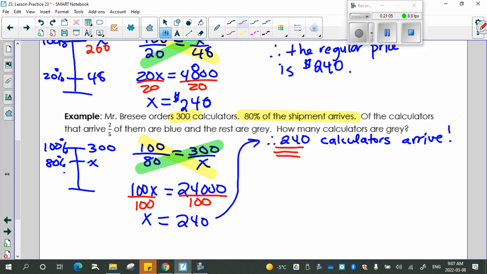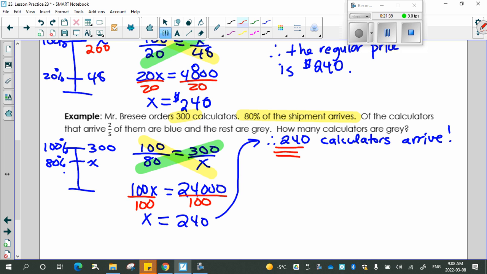Okay? Now we're comparing all of the calculators that arrive. 2/5 of them are blue and the rest are gray. Any ideas what we could do now? So now the total is 240, and then 3/5, which is gray, is 60%.